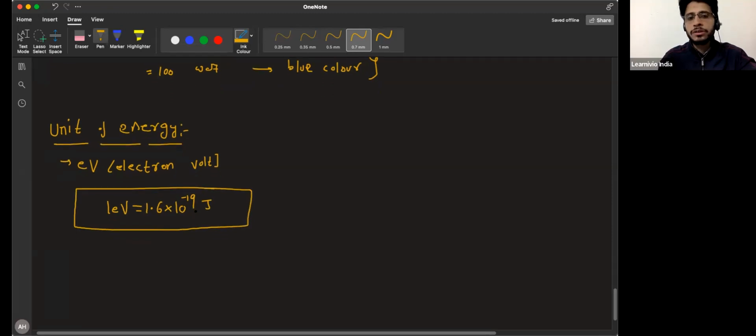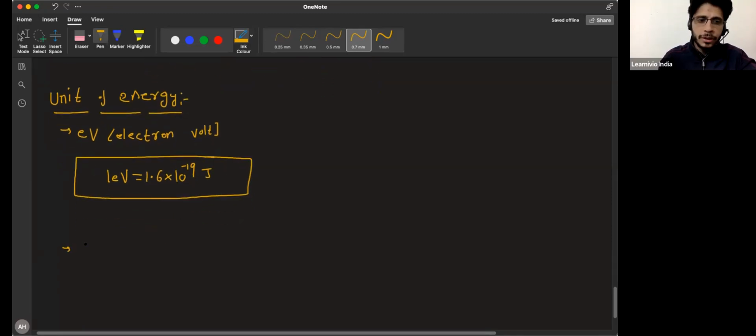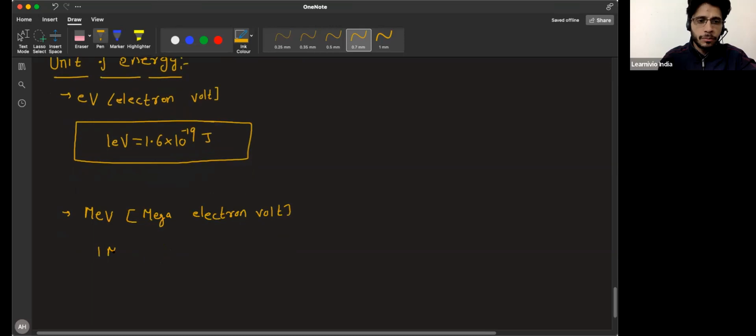Another unit that we will use is MeV, mega electron volt. 1 mega electron volt is 10 raised to the power 6 electron volt. So these are the units of energy that we will be using: electron volt and mega electron volt.